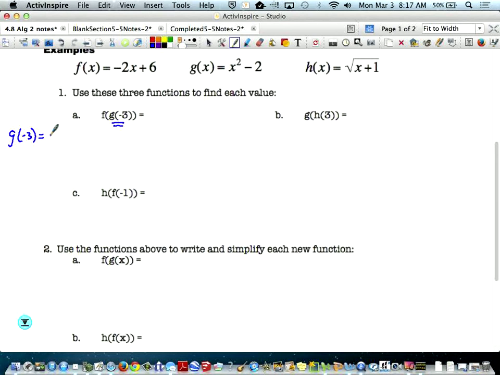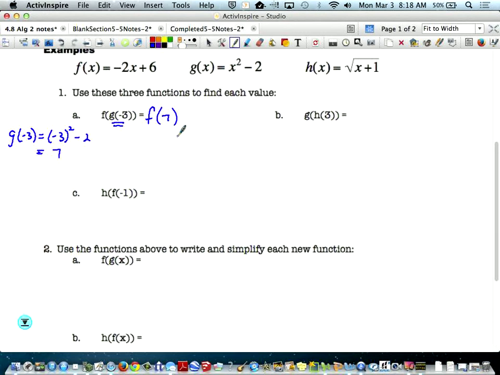What do you get? You go -3 gets squared minus 2. -3 squared is 9. Minus 2 is 7. So what we really have now is, what is F of 7? Because when I put -3 into G, I get an output of 7.